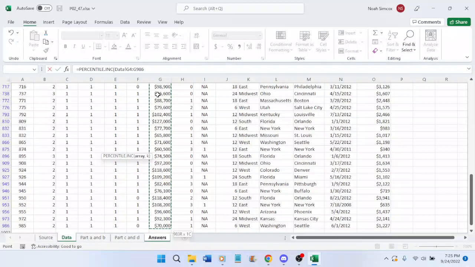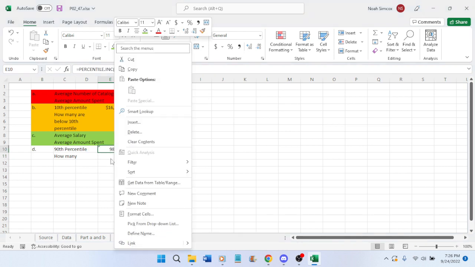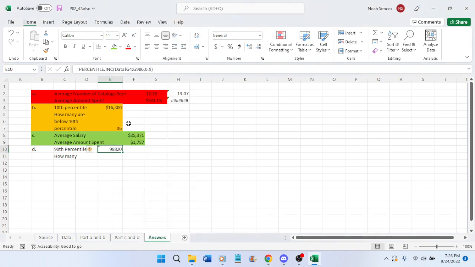Salaries. And then comma 0.9. Copy formatting.